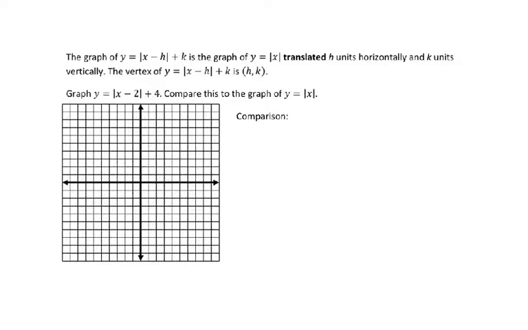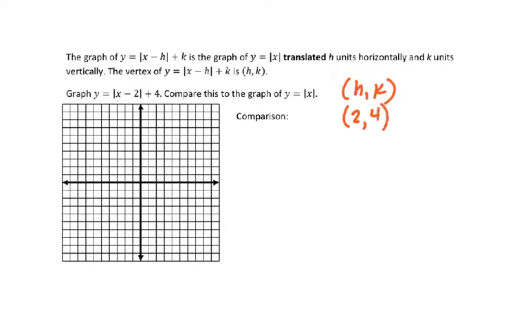So if I've got this graph right here, that's where we're looking right now, h, k is going to be, okay, it says negative 2 is h. No, negative 2 is negative h. So we need to change it to positive 2. And then k stays the same, positive 4.